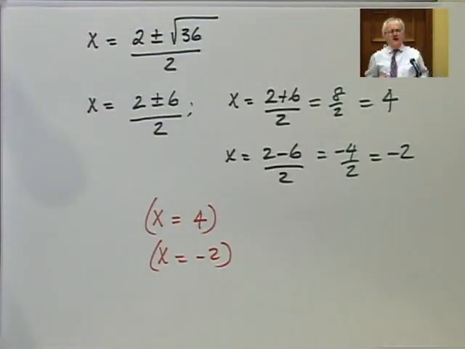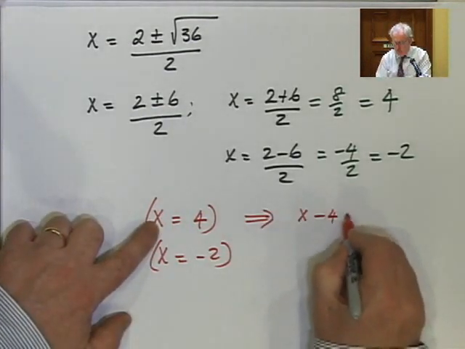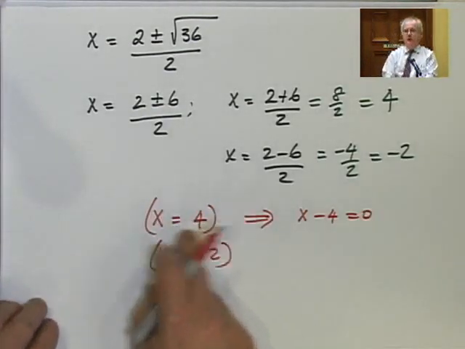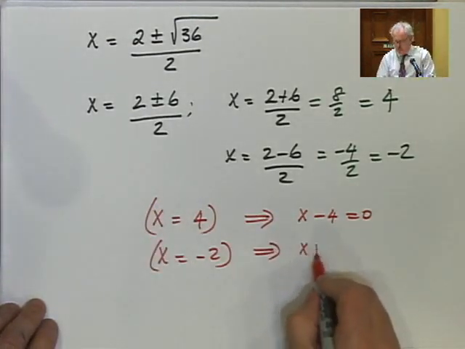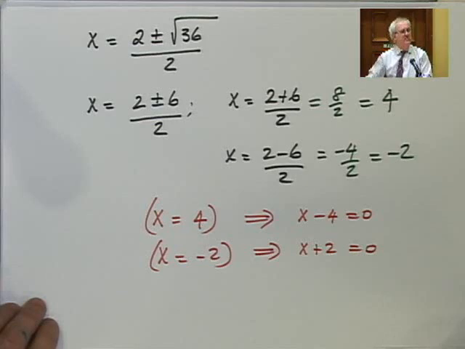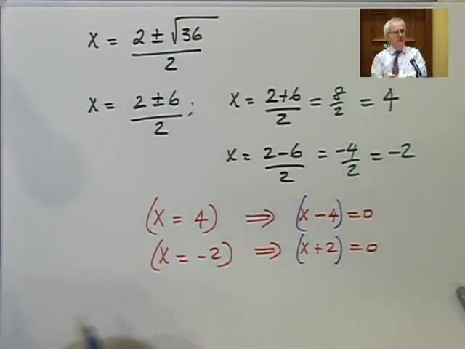But we wanted something where everything was on the one side and it was equal to 0. So another way of looking at x equals 4 is that x minus 4 is 0. Because if we took the 4 to the other side. And here, we've got x plus 2 is 0. So these two become the factors.